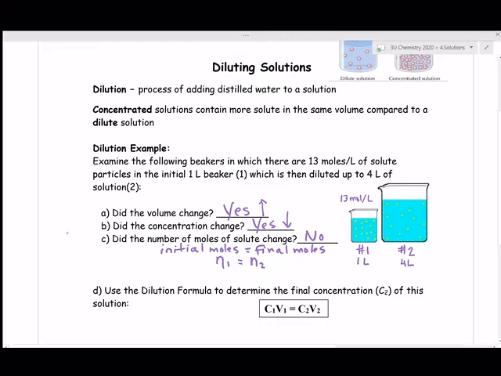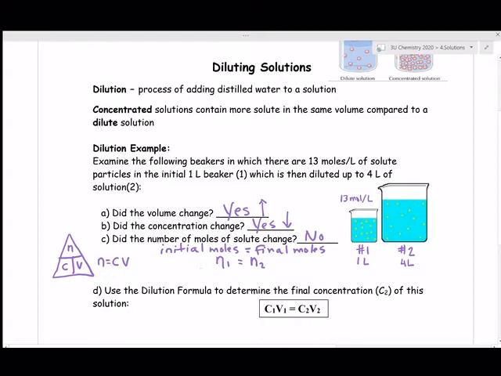Now, if we think back to what you've been working on in our last lesson, which is figuring out the concentration of something, and if I put our formula into a magic triangle, so concentration is moles divided by volume, then moles, N, is actually equal to concentration times volume. So we can sub that in to this because we know initially and finally moles are the same.